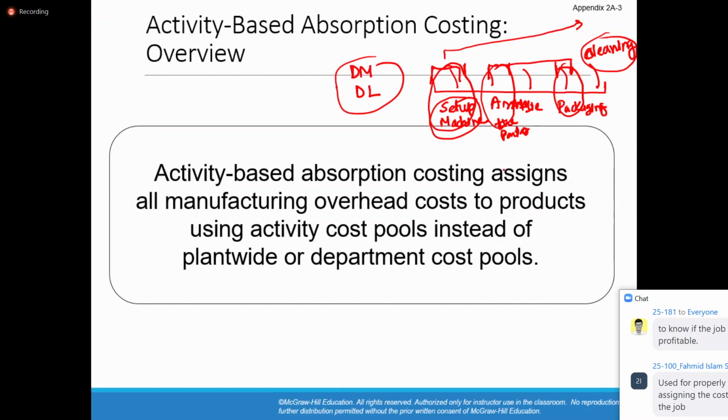Okay. So instead of plant-wide or department cost pools, you see that plant-wide is much wider, and a department cost pool is also wider compared to activity-based absorption costing. It focuses on the activity individually. It might be that a single department is undertaking only one activity.